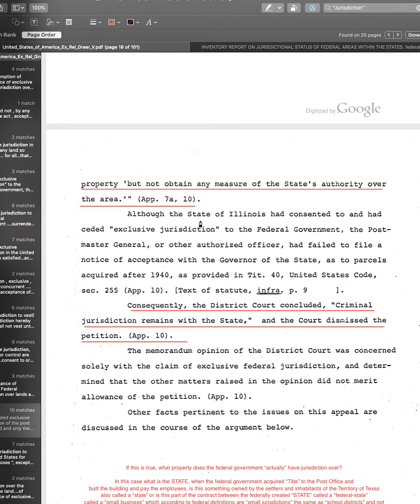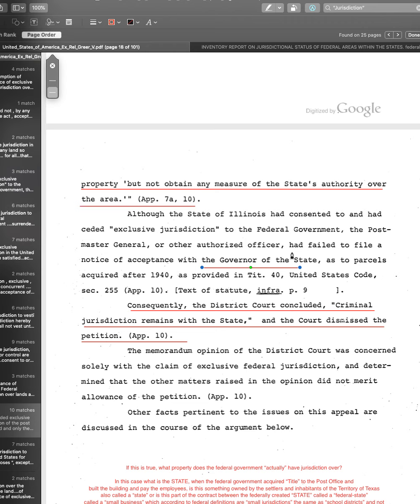Although the state of Illinois had consented to and had ceded exclusive jurisdiction to the federal government, the Postmaster General or other authorized officer had failed to file a notice of acceptance with the governor of the state as to parcels acquired after 1940.